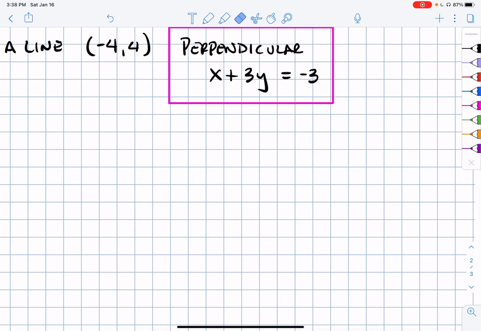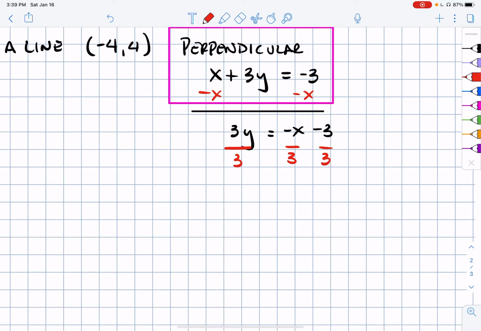I need to subtract x from both sides, and what I'm going to get is 3y equals negative x minus 3. Then I divide everything by 3. So I have y equals negative 1/3 x minus 1.